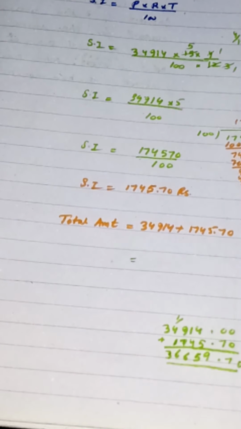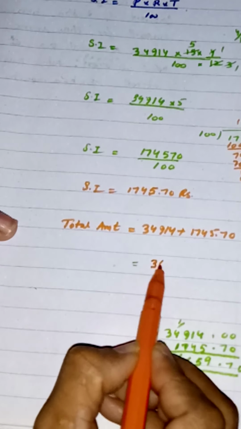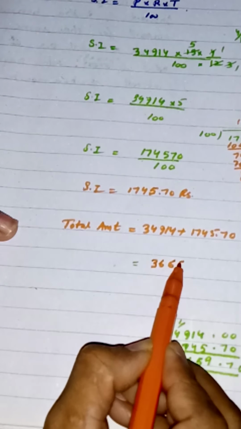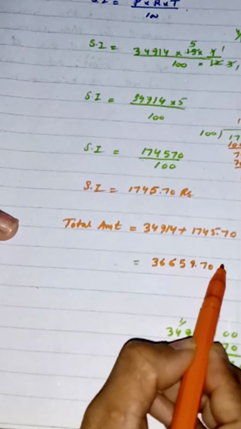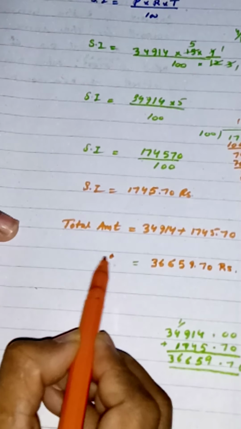The total amount has been found out, 36,659 point something. This is the total amount.